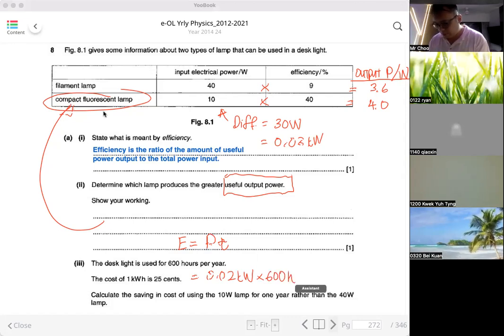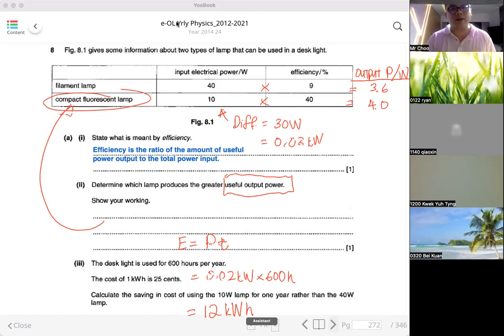So therefore, what is the energy use? 0.02 times 600. You will use the difference. The difference in the energy use is 12 kilowatt hour.